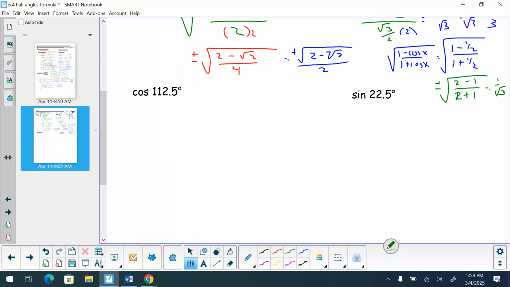If you have the cosine of 112.5, this would be 225 divided by 2.